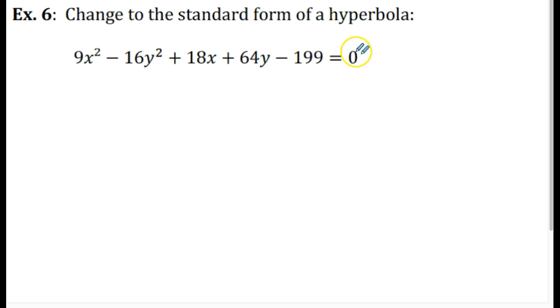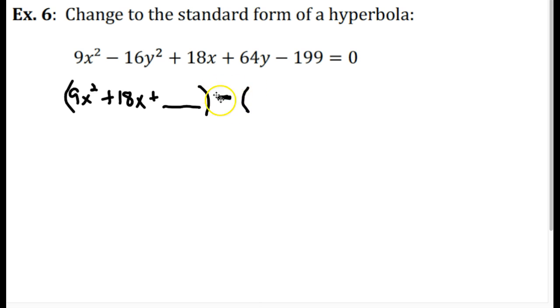All right. So one more example. We want to put this into standard form. So yet again, just like we've been doing, I need to complete the square here. I need to collect all of my x terms and collect all of my y terms. So I'm going to have 9x squared plus 18x. I know I'm going to have to add something in there. Now, this part can get a tiny bit tricky, right?